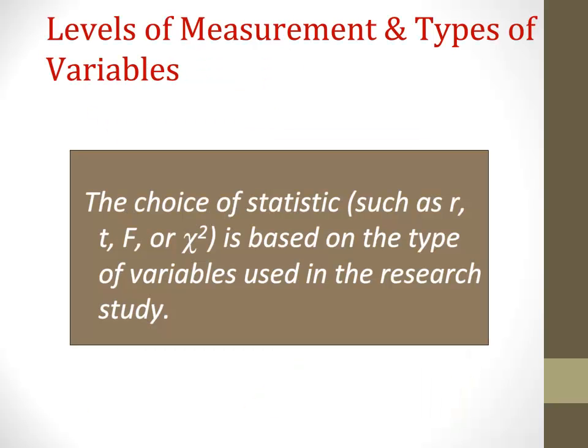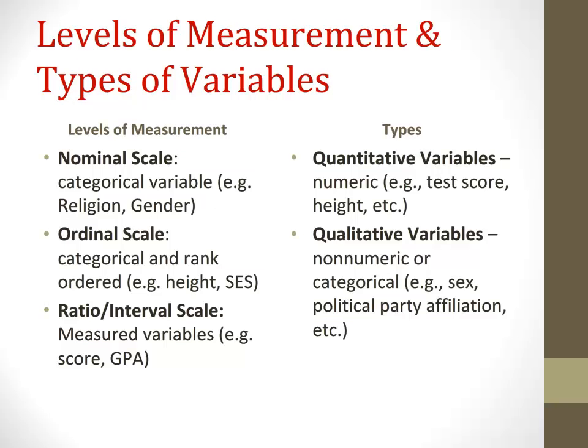Now, while the research design guides the choice of the analysis, the choice of the actual statistic is based upon the type of variable that's used, either quantitative or qualitative, or how the variable's measured, the level of measurement. We can first discuss variables as they're discussed in many statistical texts, and that is as they're measured on one of 4 levels of measurement. And these were first described by Stevens in 1946. The 4 levels of measurement are nominal, ordinal, interval, or ratio.